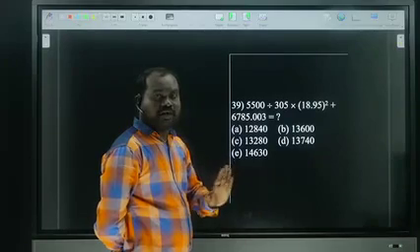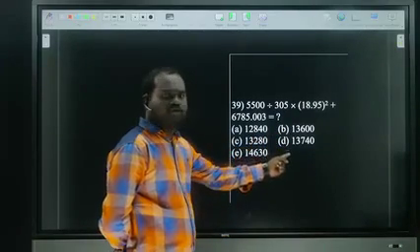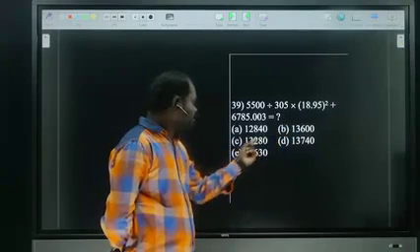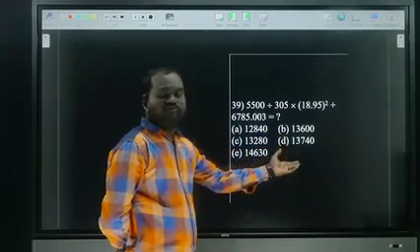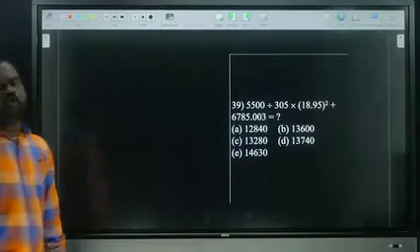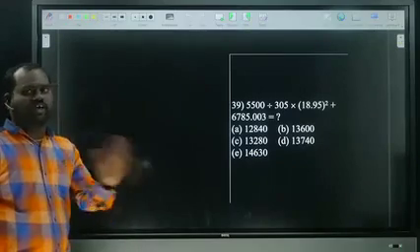The options are not close, there are hundreds of gap. It is 13,000 in each, but with 600, 280, 300 variation. From here to here also 140 variation is there. So no problem at all.